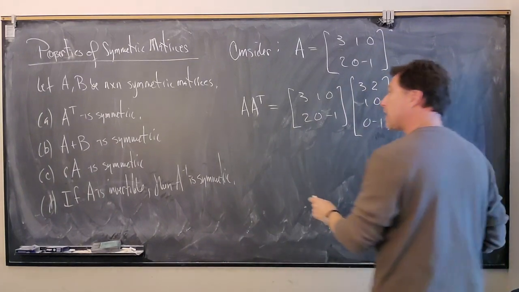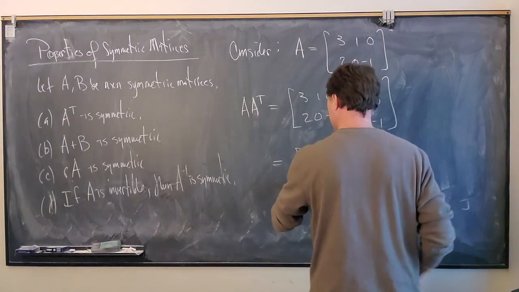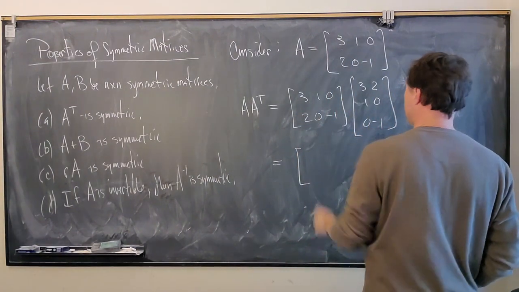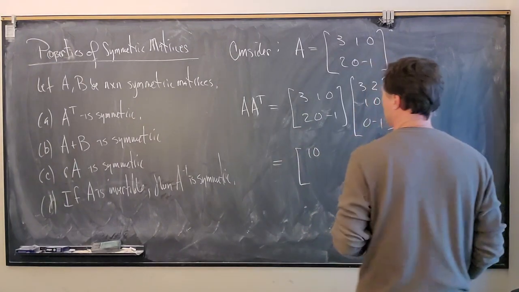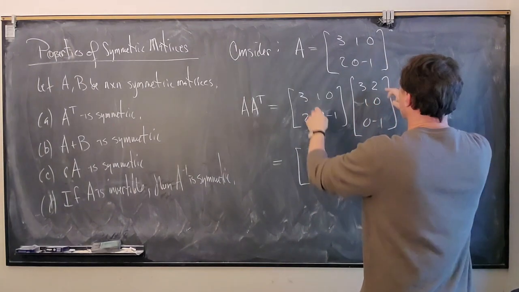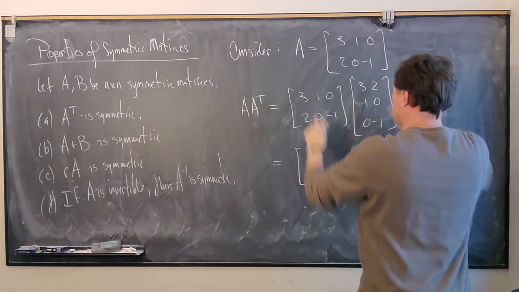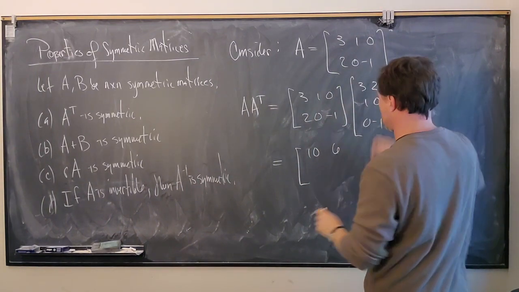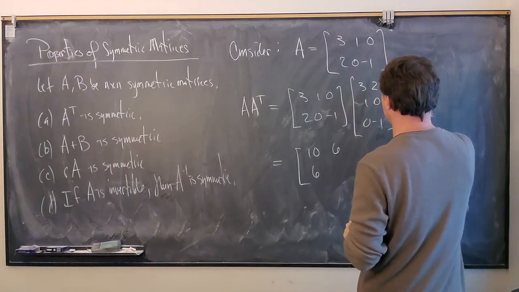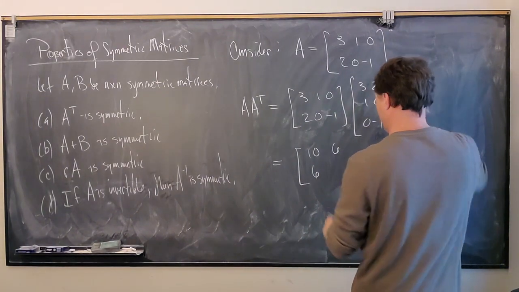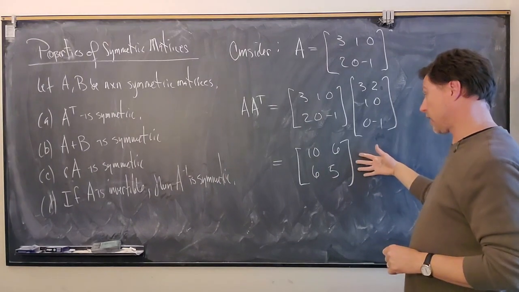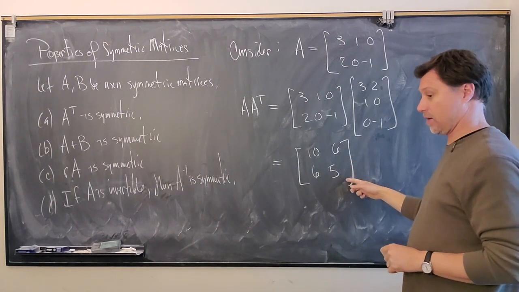And I want to multiply this out, and let's see what happens. I'm going to get 10 and 6, then 6 and 5. Okay, so A times A transpose is this matrix right here, 10, 6, 6, 5.